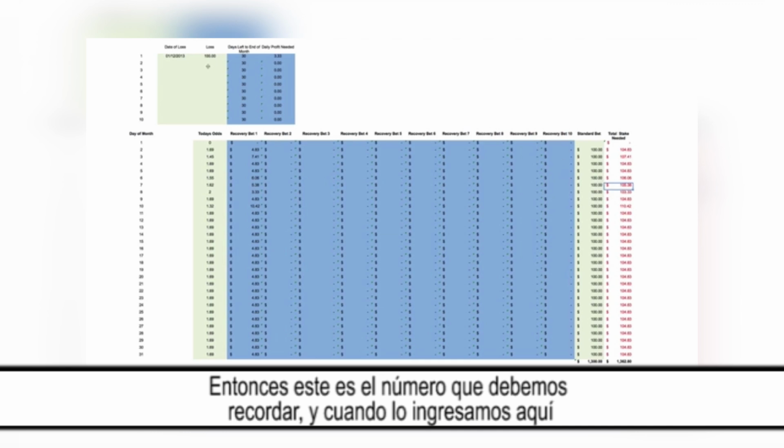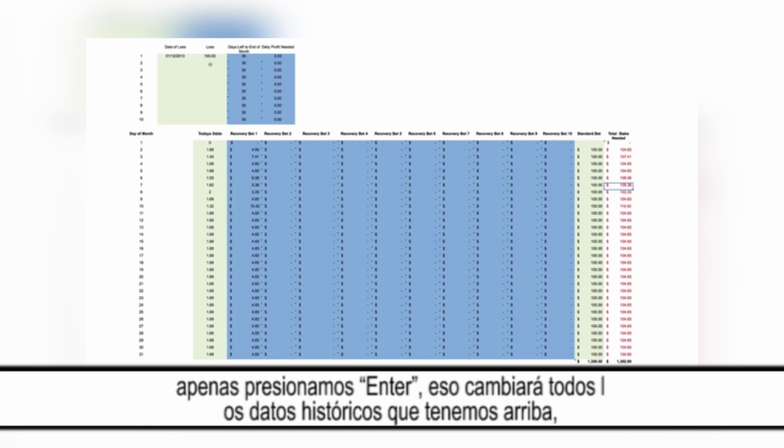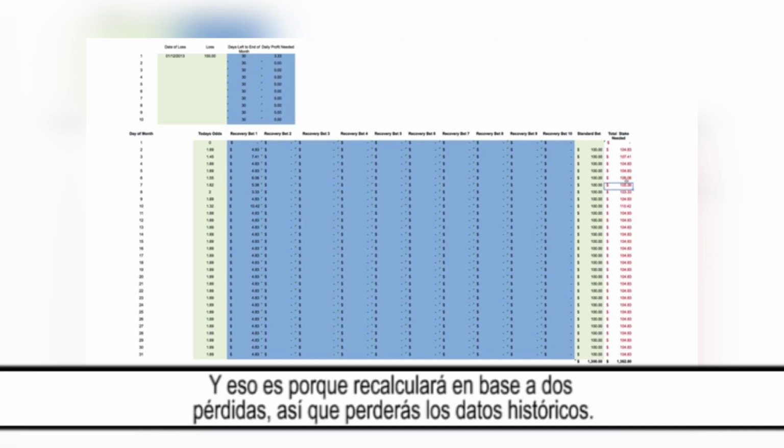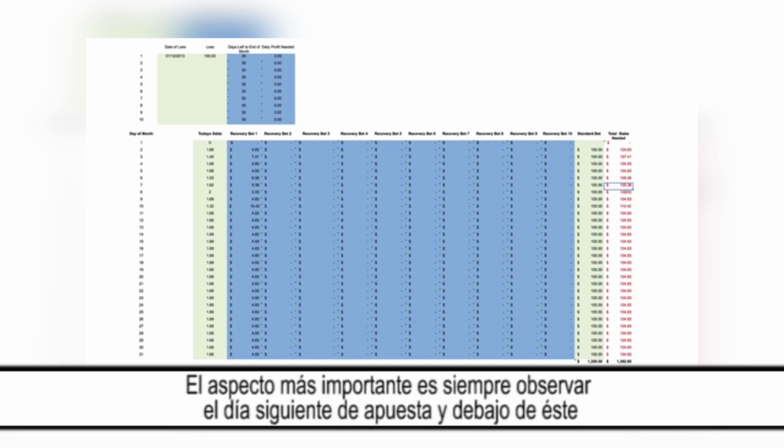And when we enter it here, as soon as we hit enter, it will change all this data above, because it's going to recalculate based on 2 losses. So you're going to lose historical data. So the most important aspect is to always look at the next bet day and below.